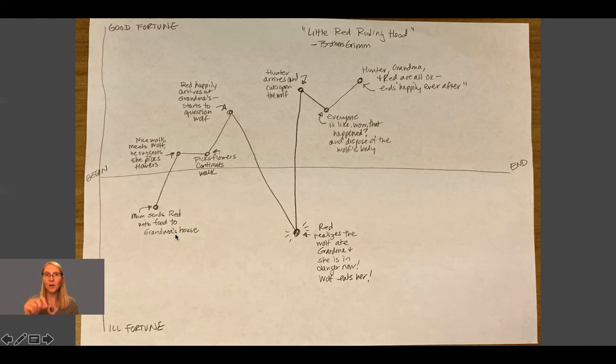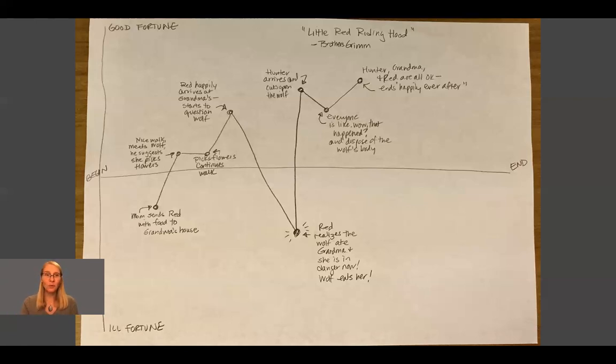So as you are drawing out the plot for the fairy tale that you're focusing on and analyzing for the assignment, make sure you don't forget to label what those different points are so we know where in the story you're referring to. Little Red Riding Hood's having a great walk to Grandma's, and so her fortune is improving. I decided to put that next plot line above the everyday average, things are going fine line there.